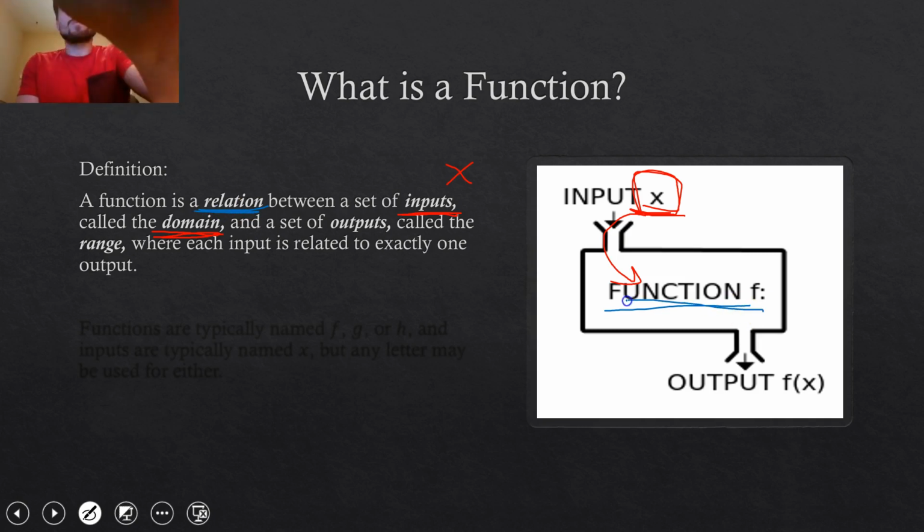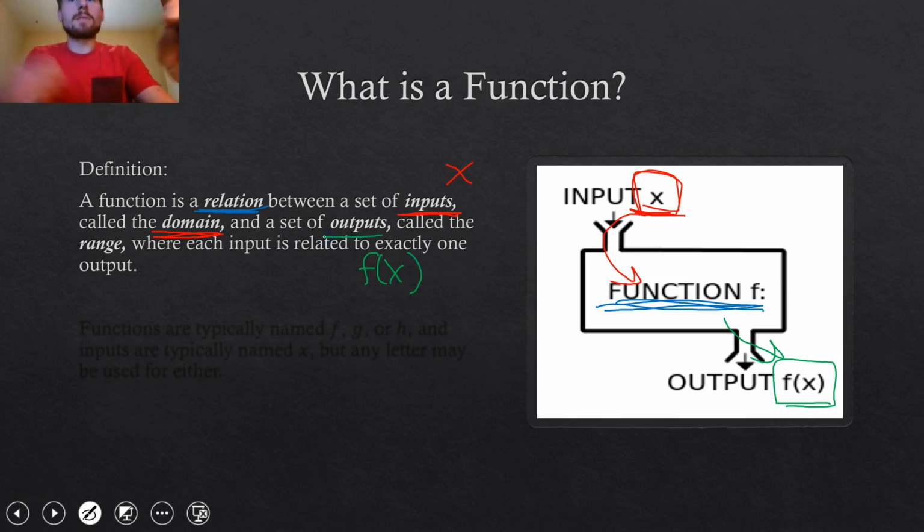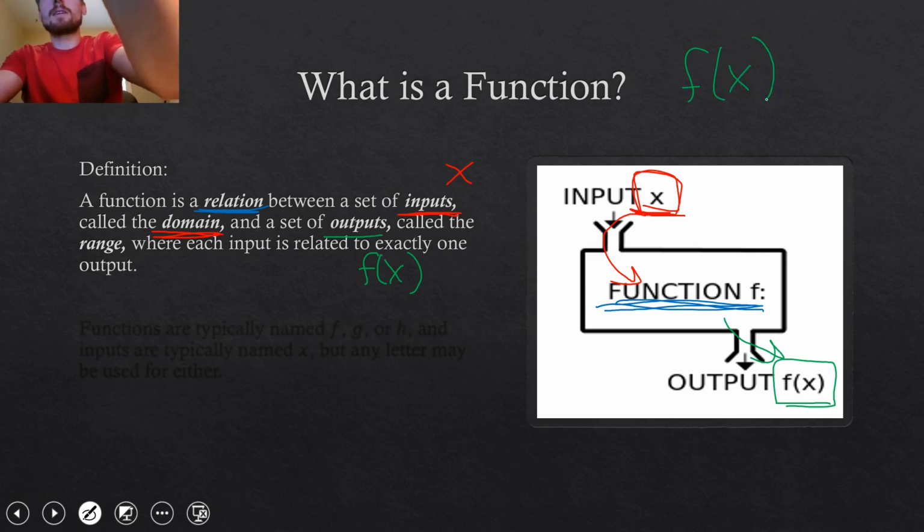So you've got your function rule or relation, and then it's going to give you an answer, and that answer is the output, and it's usually called f of x. So the output is f of x. Let me write it down over here. F parentheses x is pronounced f of x.